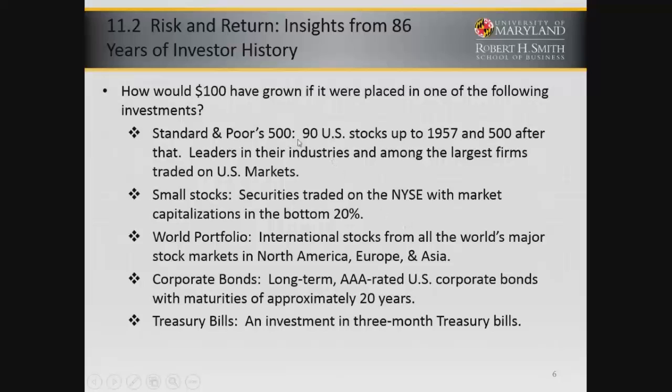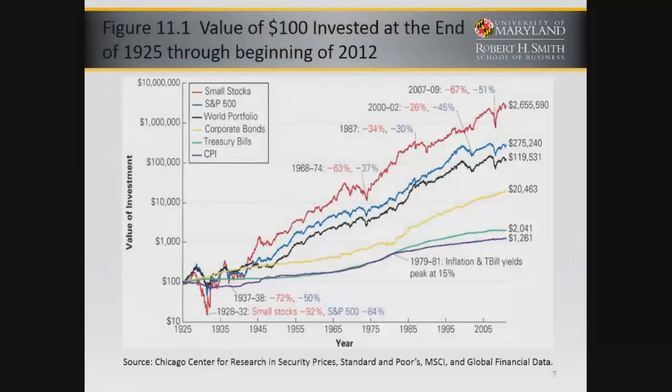And our choices are the S&P, large stocks, small stocks, a world portfolio, corporate bonds, or treasury bills. And on this graph, you can see that the small stocks perform the best, and $100 would have grown by the beginning of 2012 to more than $2.5 million.